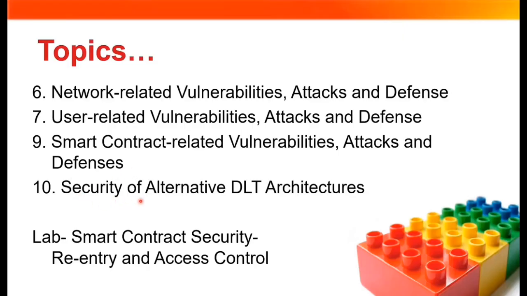And we looked at the security alternative of distributed ledger architectures. And again, DLT is distributed ledger technology, and blockchain is an example of distributed ledger technologies. And we looked at a lab for smart contract security. We looked at a reentry type of vulnerability and an access control type of vulnerability, and how we can better secure the smart contracts.